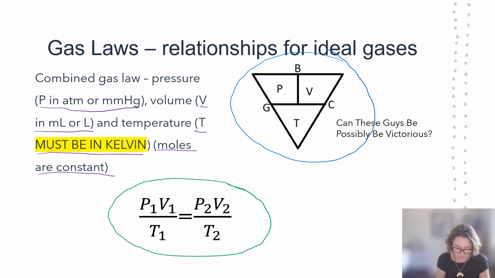You notice up here, and we'll talk about what this means in a little bit, that I have a B, a C, and a G. That is going to stand for, can these guys possibly be victorious? We'll talk about in the next video exactly how to go about dealing with those particular letters. But for now, we're going to use this inverted triangle to help us remember the combined gas law is P1 V1 over T1 is equal to P2 V2 over T2.